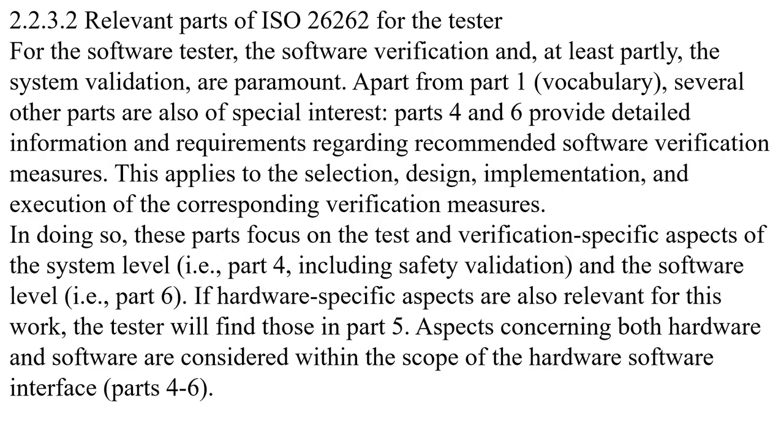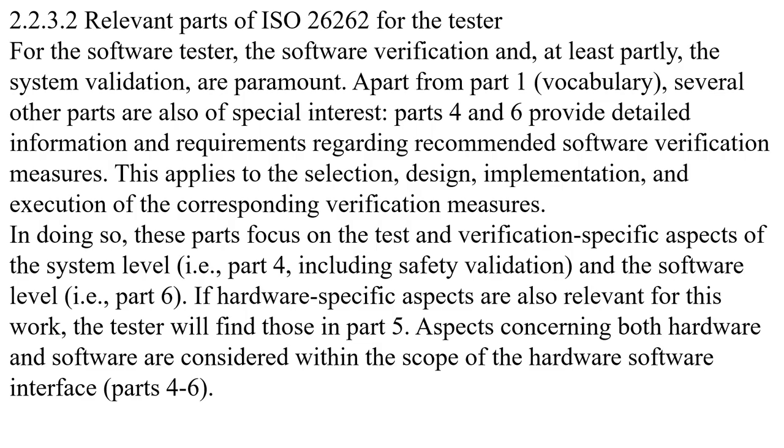Parts 4 and 6 provide detailed information and requirements regarding recommended software verification measures. This applies to the selection, design, implementation, and execution of the corresponding verification measures.